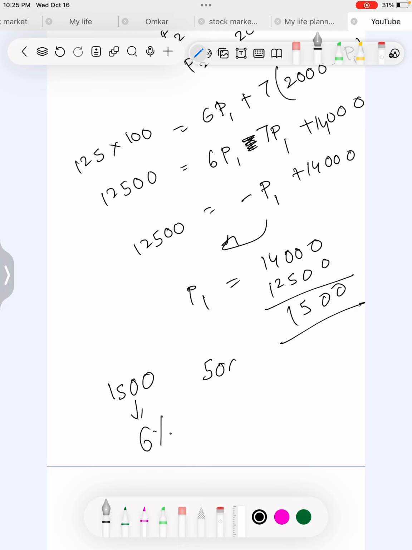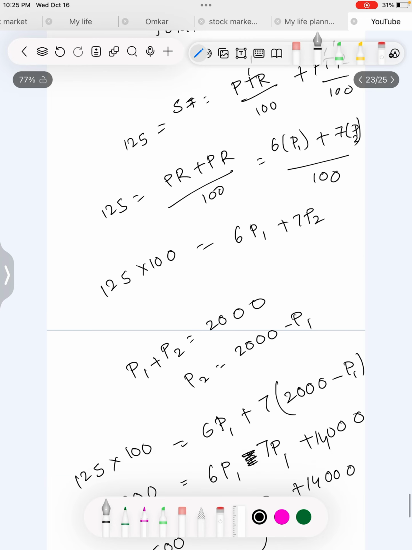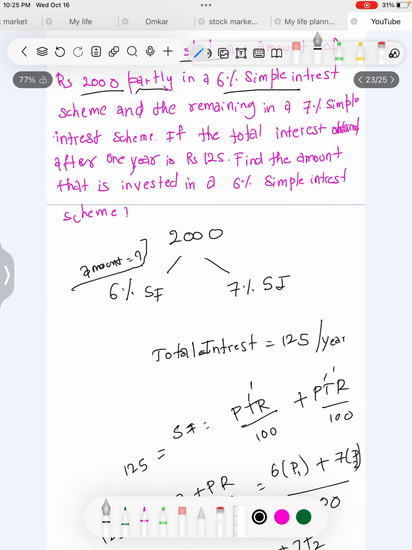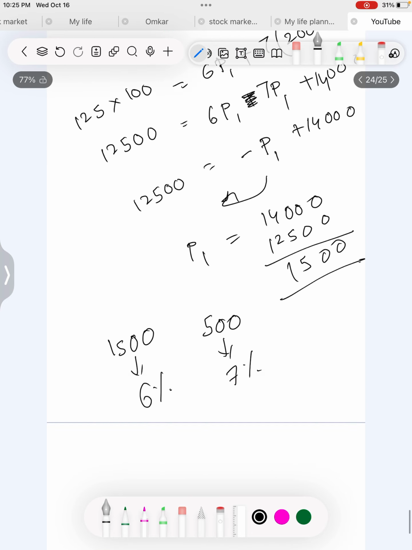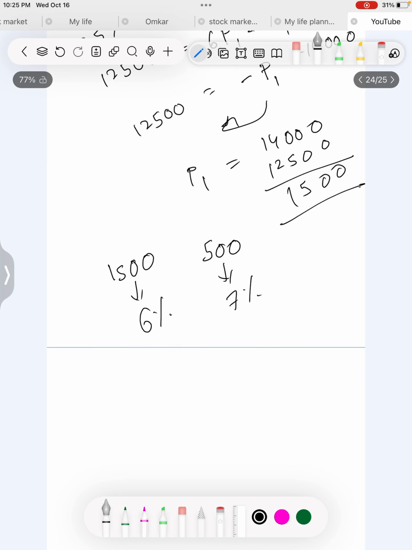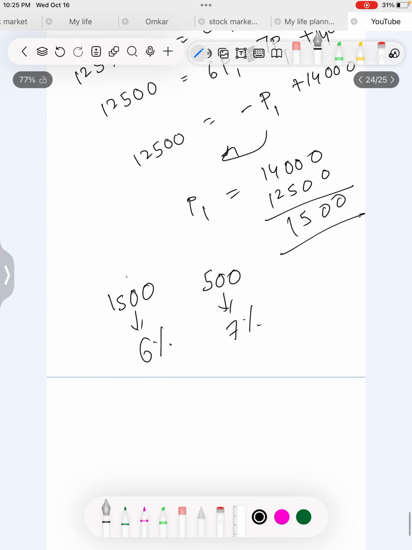So remaining 500 is invested in 7%. Okay. Now they are asking about the invested amount in P1. So the answer is 1500.